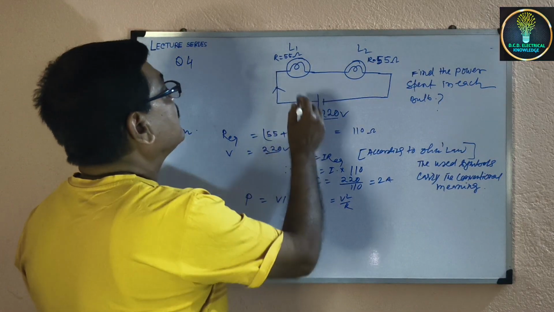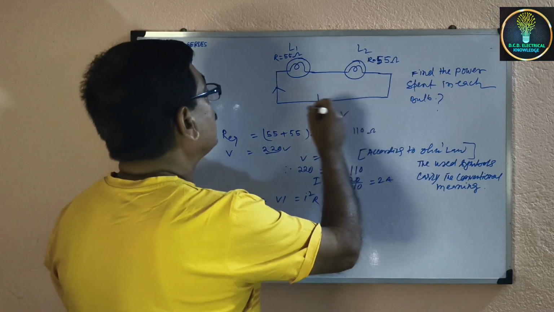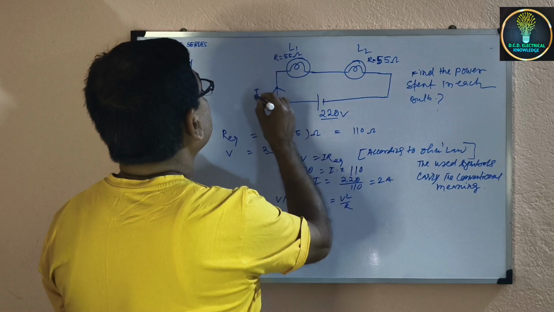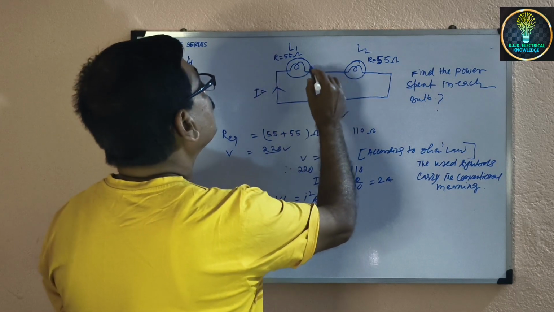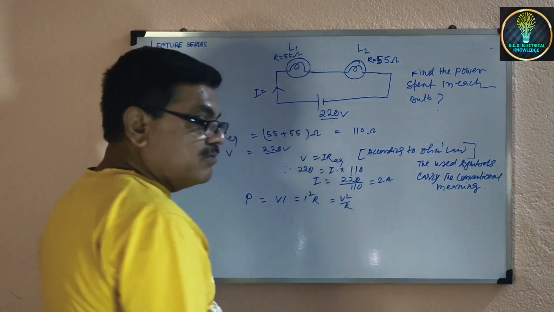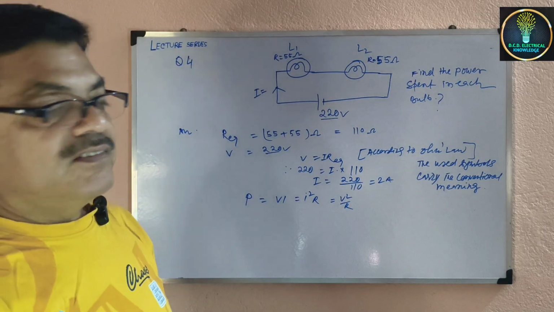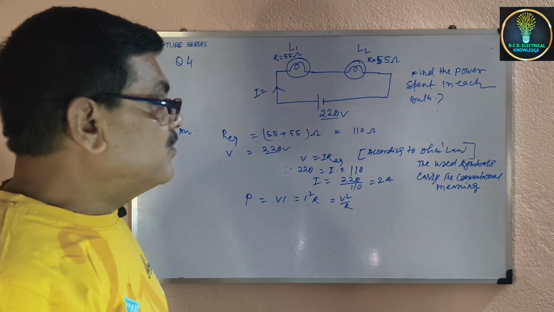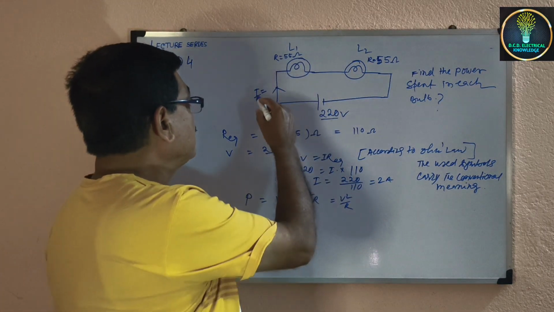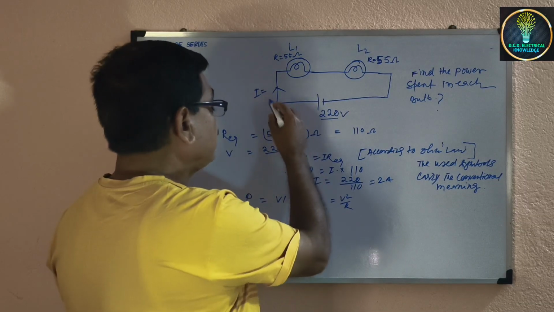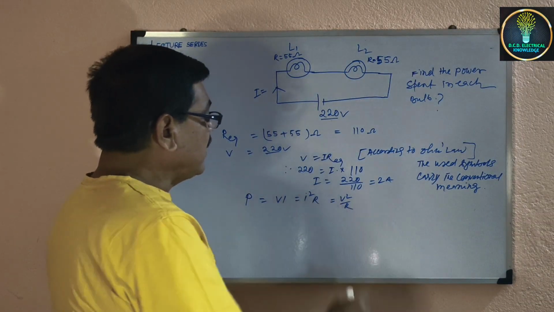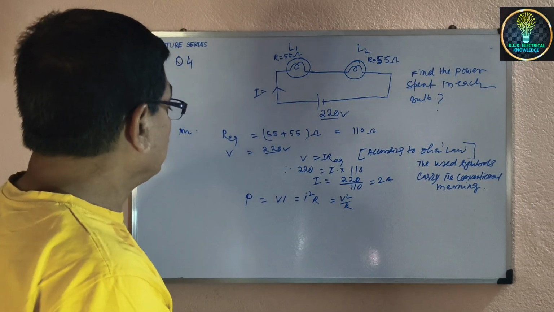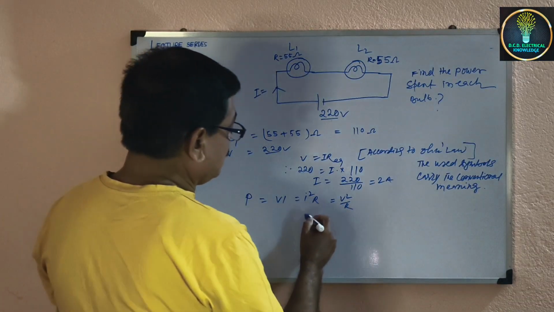In this circuit, the same current is flowing through the two lamps because it is a series circuit. Since that is so, we can use the formula of I square R.